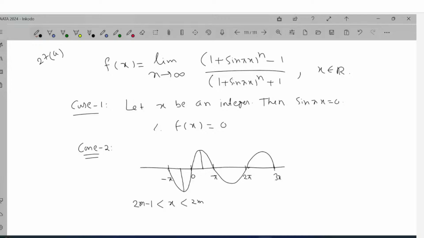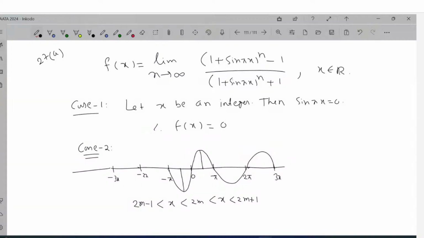And then we have the 2m plus 1 part. Like 2 pi, 3 pi, next 4 pi, next 6 pi type of thing. And that's why we put 2m over here and then 2m plus 1 and then 2m minus 1. Similarly in this direction we have minus pi, then minus 2 pi, then minus 3 pi and so on. So it will repeat that way. The whole line will be covered in this way.